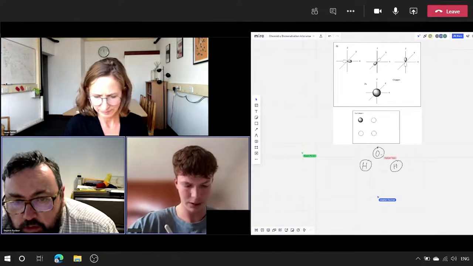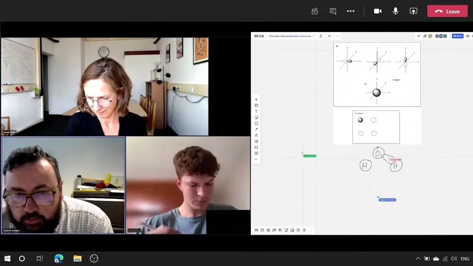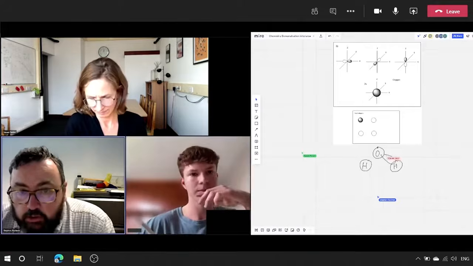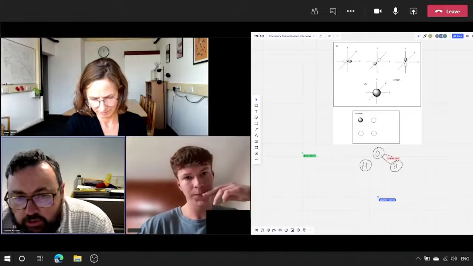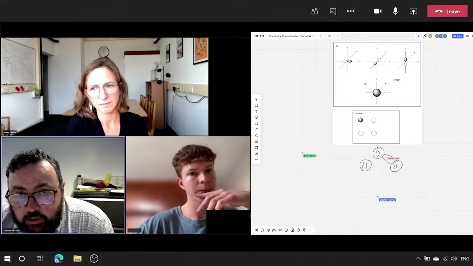So that's what we'd call the constructive interference. You're going to end up building up the electron density in the bit that you're drawing around at the moment. So that combination of orbitals is giving rise to one bonding orbital.